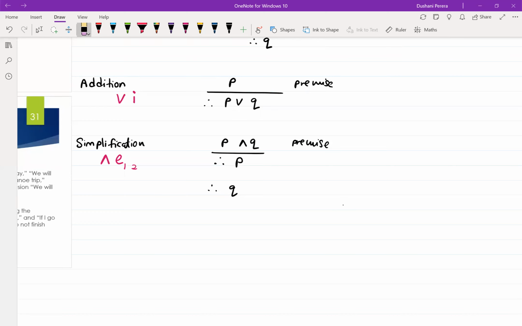That depends on the one that you kept. You eliminated Q, but you kept P, right? Therefore, in this case, you say and E1, you kept P. In this case, the operation is and, elimination, so E. Whom did you keep? The second proposition, therefore and E2.